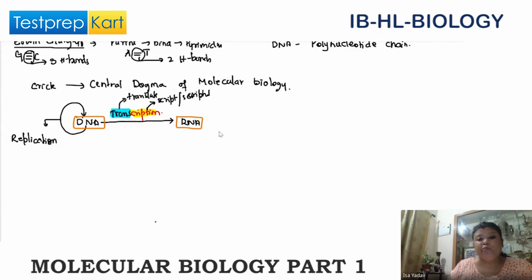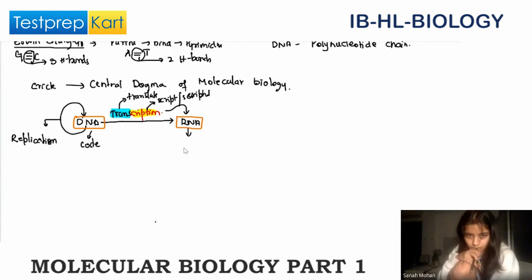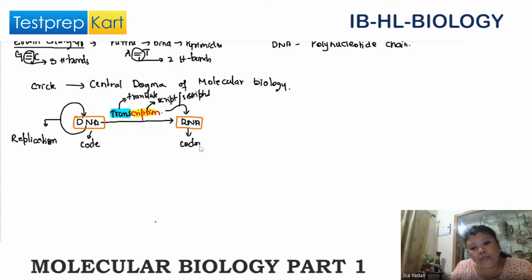Transcription. Okay, next. RNA has all the information now. DNA has translated. DNA's language is called code, and that code is translated into some other language and put in RNA. We call it codon.